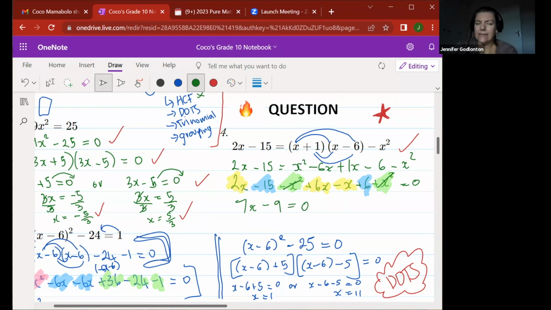Okay. Now we have to think really carefully here. Is this a quadratic equation? So is 7x minus 9 equal to 0? Is that quadratic? How do we know when something is quadratic? What's our big giveaway for something to be quadratic?